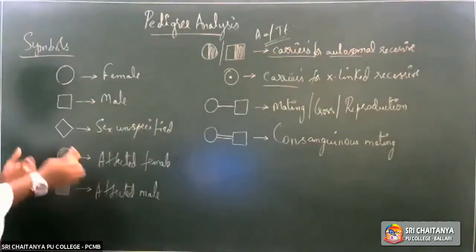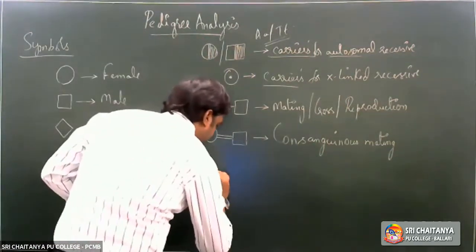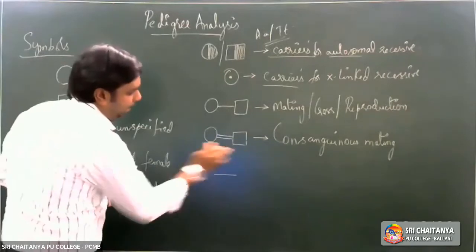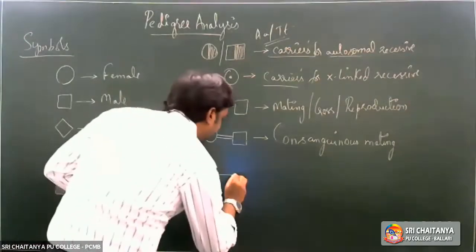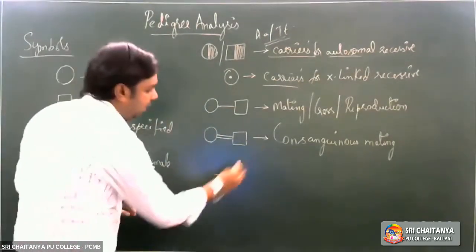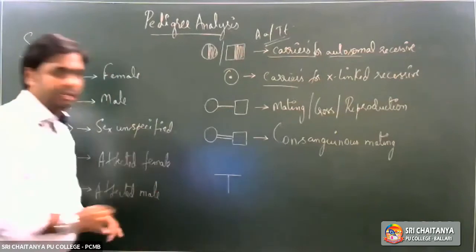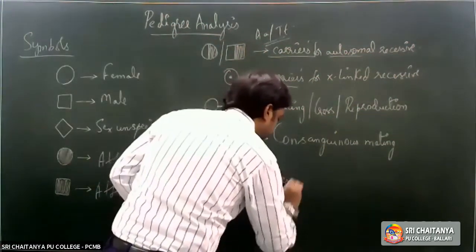Next symbol. In some cases, you find a symbol here. This line indicates mating between two individuals. And if we draw a line perpendicular to it, a horizontal line joined by a vertical line, this would represent the next generation.